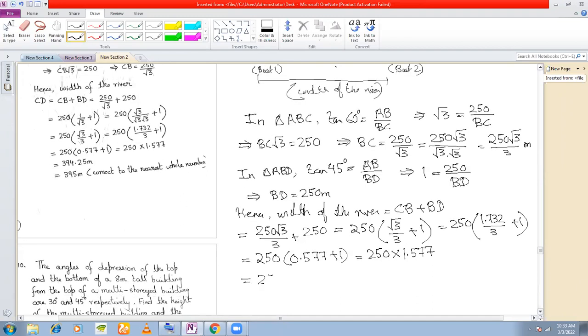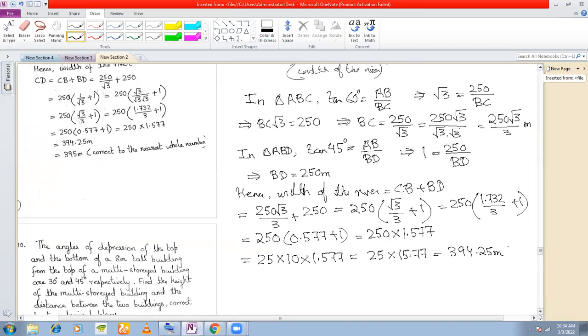Now how to simplify this? Write this as 25 into 10 into 1.577. So you get 25 into 15.77. And 25 into 15.77 you multiply to get 394.25 meters, right? Now if you want to write this correct to the nearest whole number, this is obviously less than 394.5.